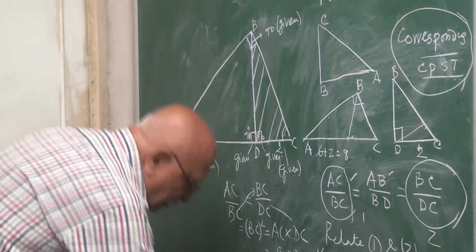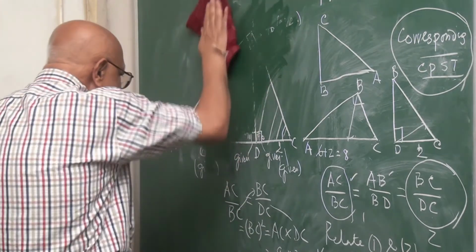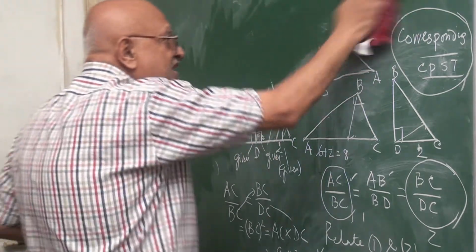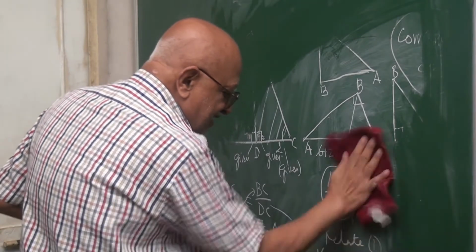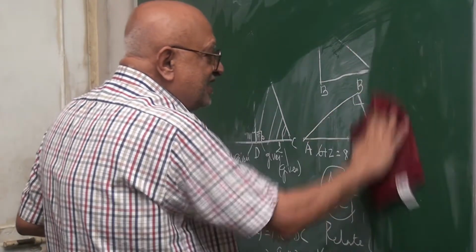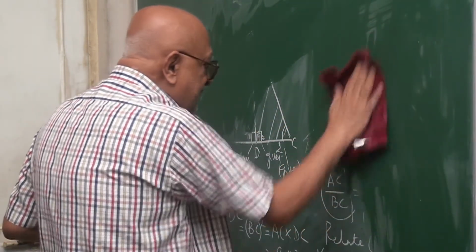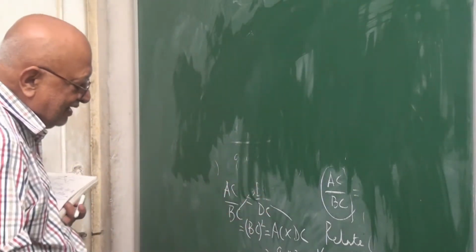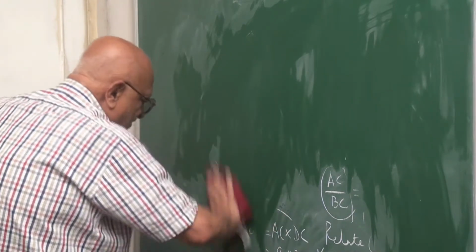I'll go through another very interesting problem, and that will also show how much is the reach of this similarity of triangles. Unfortunately, in class 9, they jumped directly to congruency of triangles instead of putting in a chapter on similarity of triangles.